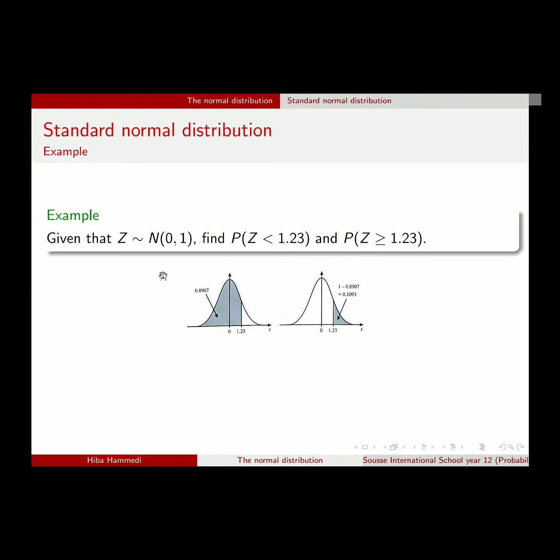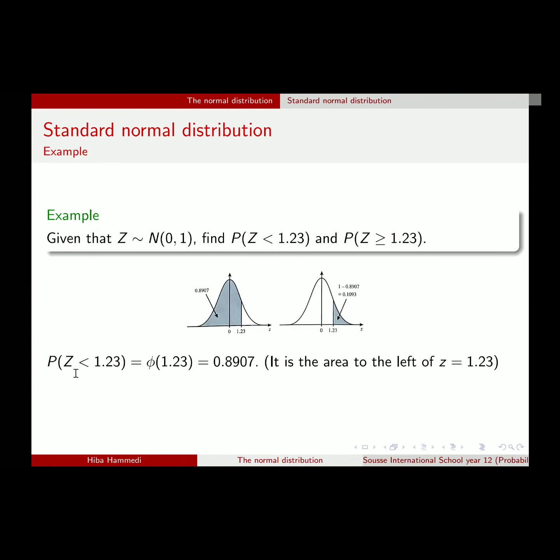Let's say that Z has a normal standard distribution. And they ask you to get the probability of Z is less than 1.23 and the probability that Z is more than 1.23.